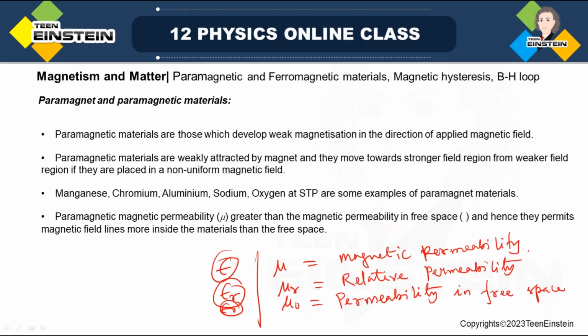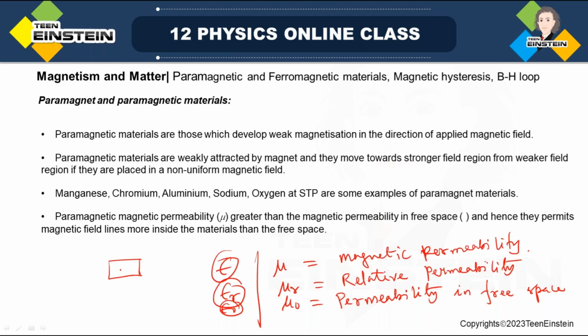Okay, now let us see the meaning of permeability or relative permeability. Suppose I have a material here, and I'm just keeping it. This is some magnetic material. In general, one thing you have to understand is that a magnetic material doesn't mean that it will show magnetic property under any condition.